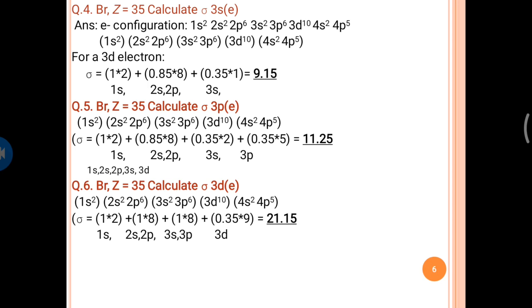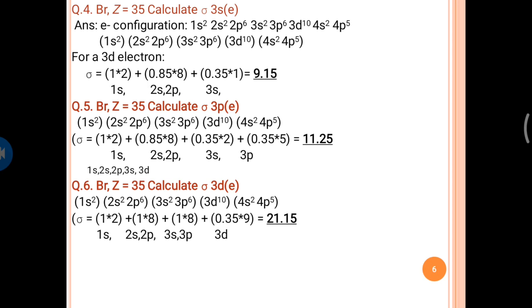When we calculate the screening constant for the 3s orbital, the right-hand side 3p6, 3d10, 4s2 and 4p5 do not contribute. So now we calculate only the left side of 3s.